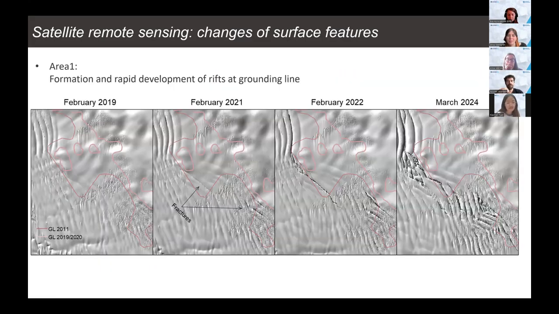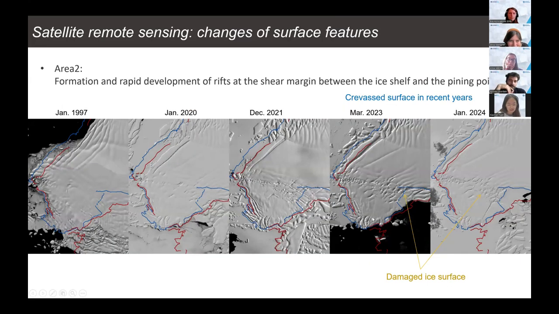So if we also look into the surface features in those areas, near the grounding line, fractures began to appear in 2021, and by 2024, they had developed into a band of rifts. And near the pinning point, the ice shelf also shows significant deformation with lots of fractures.